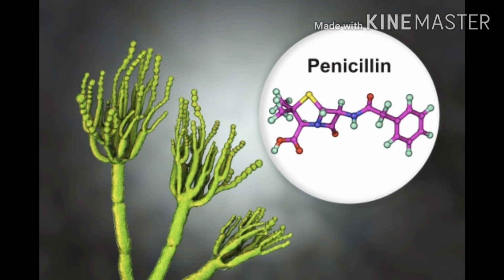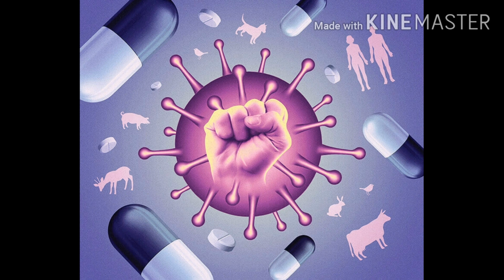Penicillin is obtained from the fungus Penicillium, and these antibiotics are useful to treat many bacterial infections of the ear, nose, throat, skin, and various diseases as well as fever.